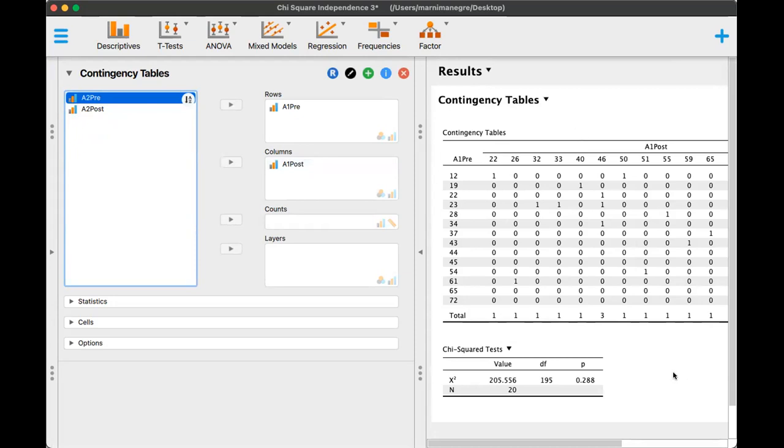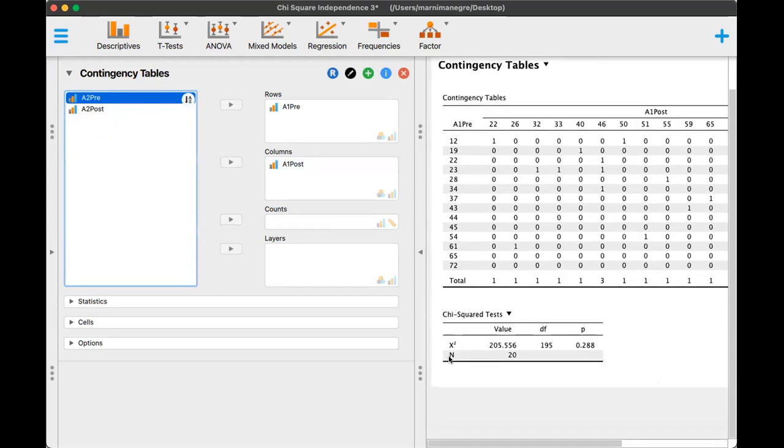And so I've got my contingency table, and here I've got my chi-square table with the value, the degrees of freedom, and the p-value here. The p-value is greater than 0.05. So for this particular test with the A1 participants, pre-test to post-test, there's no significant difference between the tests.